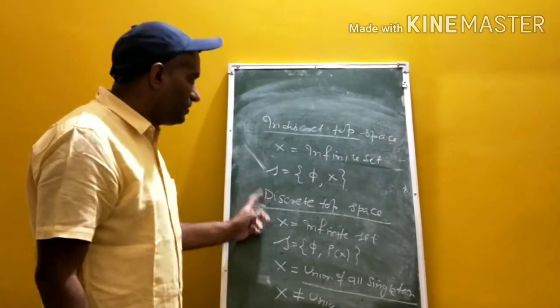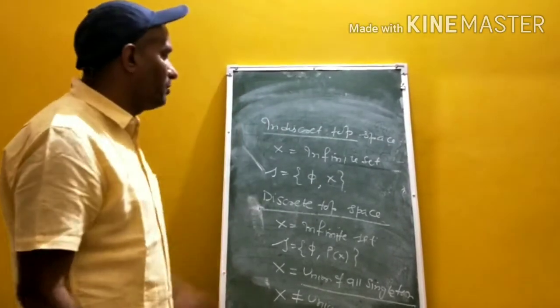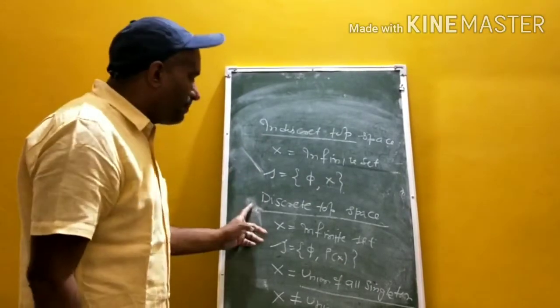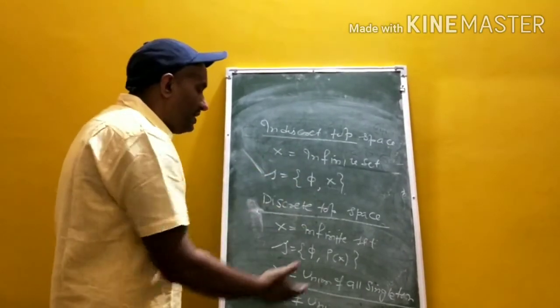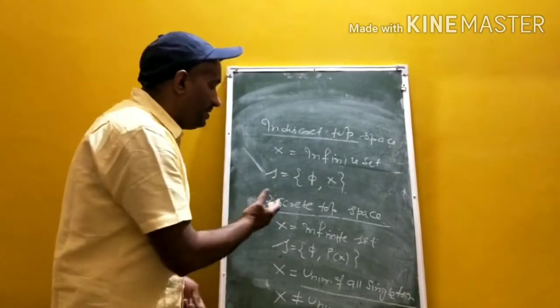So discrete topology can be compact when X is finite, and is not compact when X is infinite.